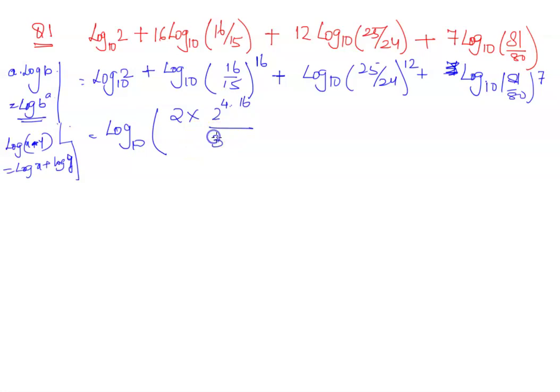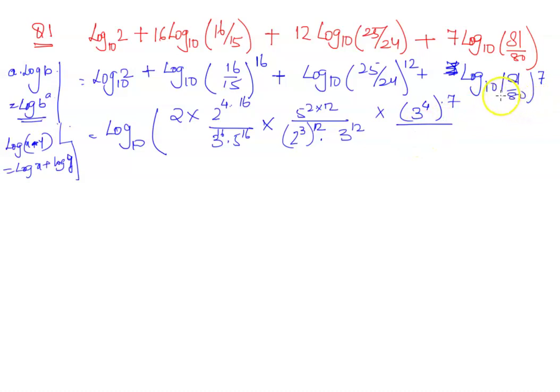2 to the power 3 into 5, so 3 to the power of 16 into 5 to the power of 16, multiplied by 25, so I can write as 5 square, into 12 upon 24, so I can write as 2 cube, which is 8, into 12, 8 3s are 24, 3 raised to the power of 12, multiplied by 81, which is 9 square, 3 raised to the power of 4, into 7 by 80.